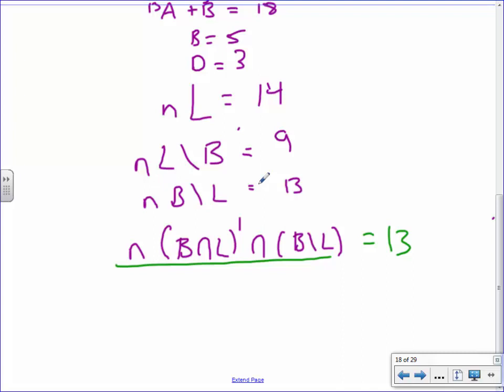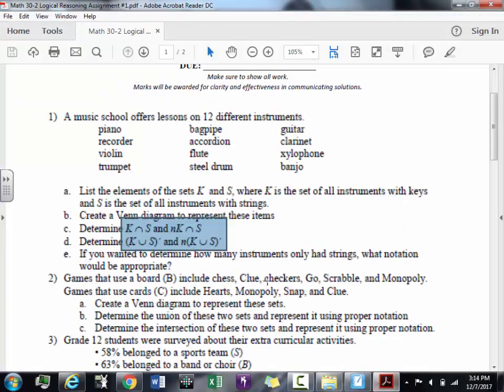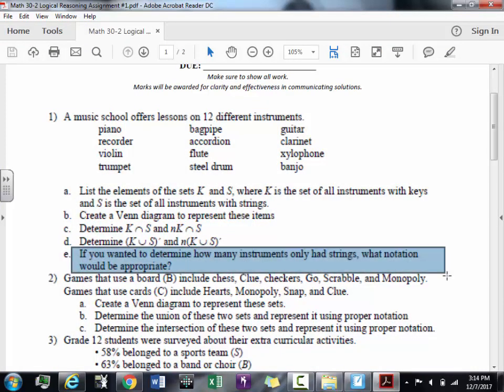So, why don't we go back to that last part of the question I didn't finish, and then you guys can call it a day here. This last one, if you remember the string instruments question, it said, if you want to determine how many instruments only had strings, what notation would be appropriate?